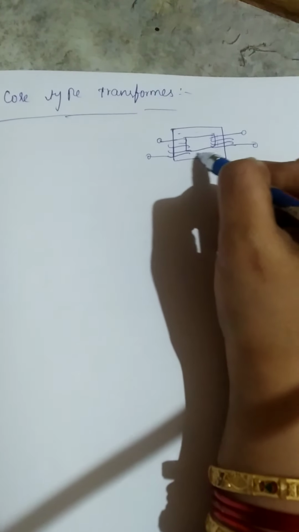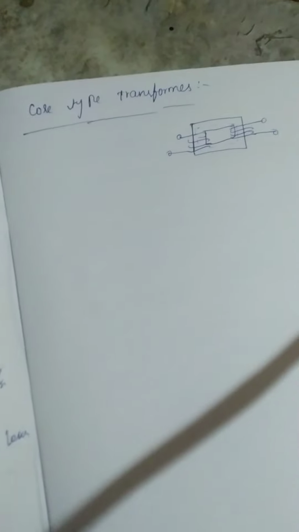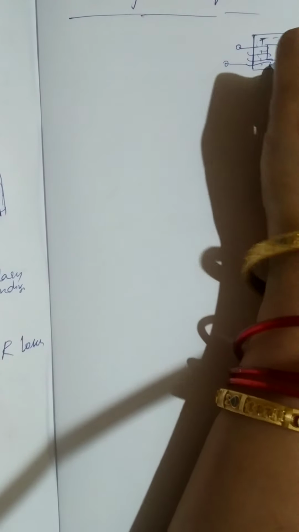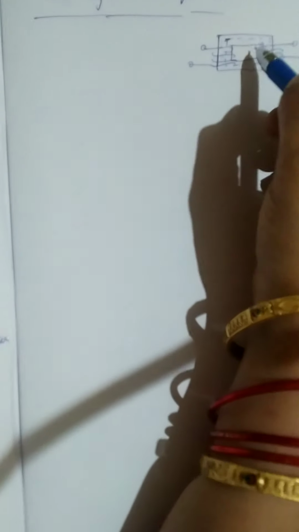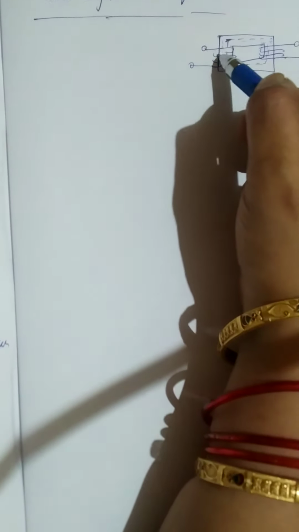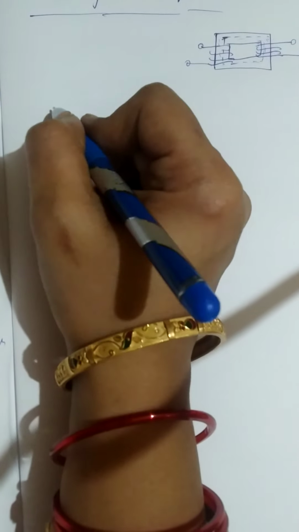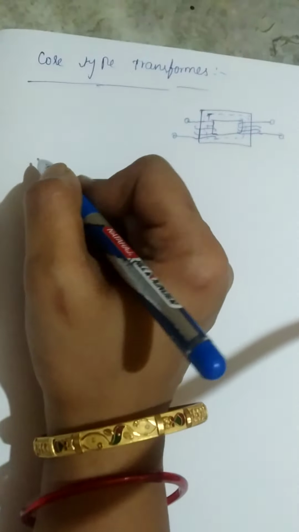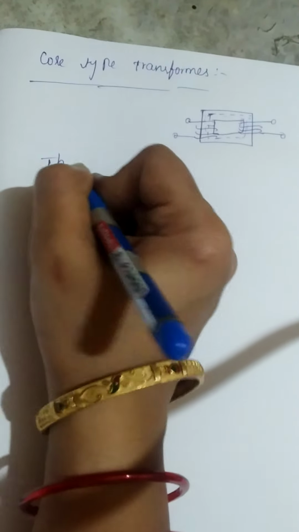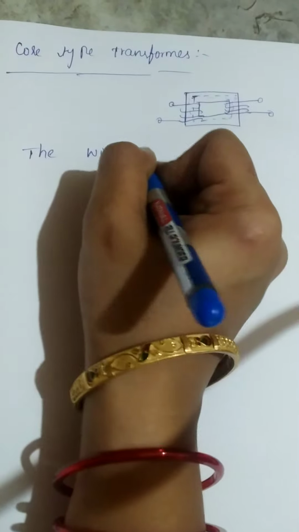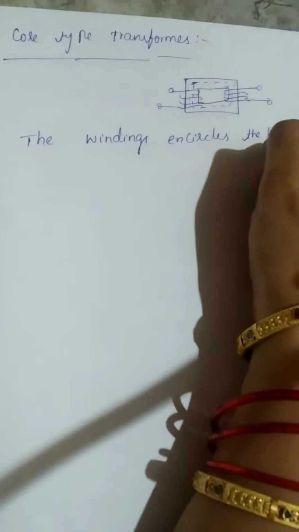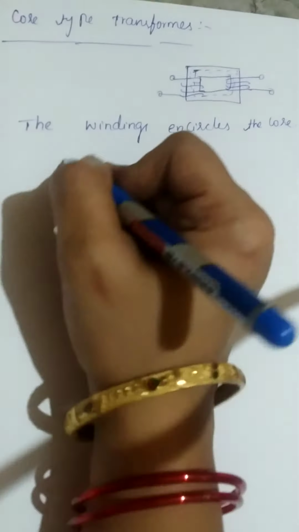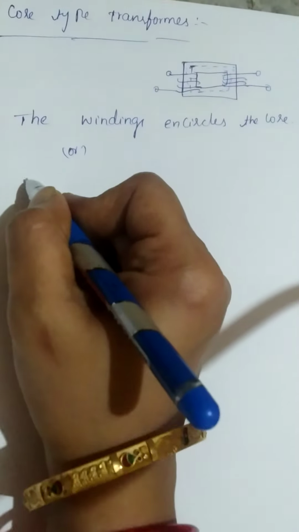Here only a single magnetic circuit is formed. The core is surrounded by windings, or the windings encircle the core. This is called a core type transformer. A core type transformer is nothing but one where the windings encircle the core, or the core is surrounded by windings.